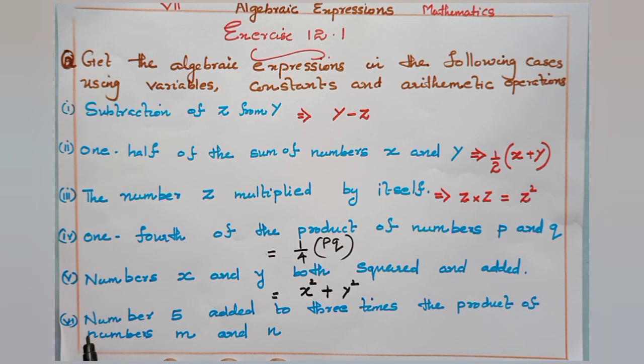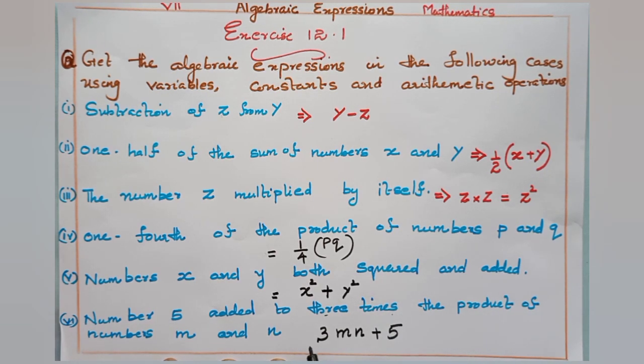Then sixth question. Number 5 added to 3 times the product of the numbers m and n. The product of m and n is mn. 3 times means 3 into mn. Then added to the number 5.